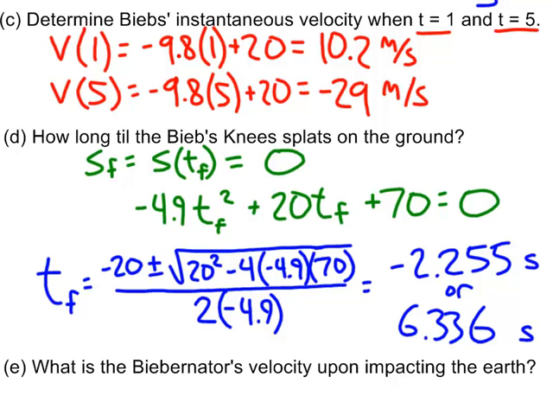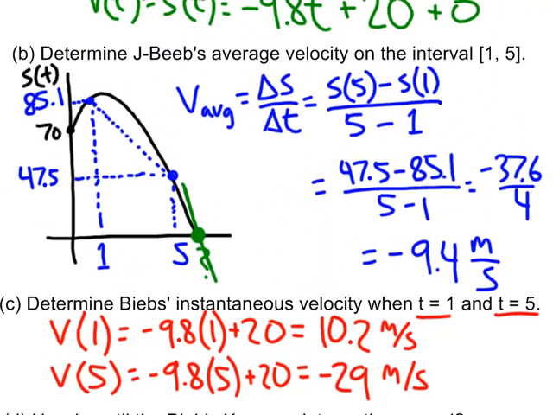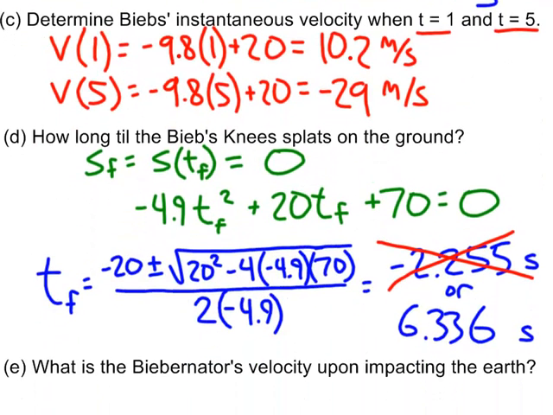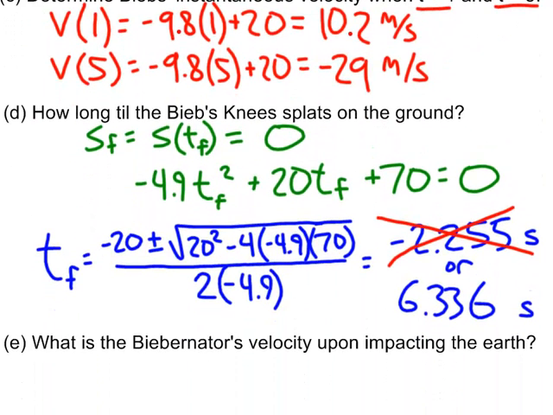So we're not really interested, we're not time traveling here, we're not going back in time, so I'll cross out the negative value, although I will point out that graphically, if I go back to my graph here, notice that that is simply the time if I were to continue this parabola back in time. That would be this time right here. But I'm not interested in that one. I'm only interested in this one over here. And that's what the 6.336 is. So that is our t sub f.